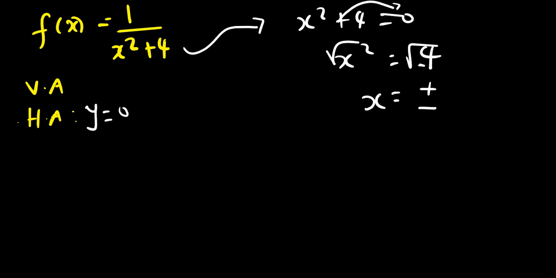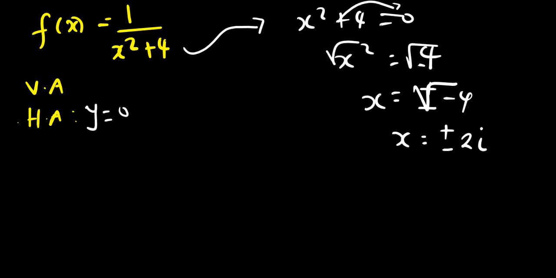Now the square root of a negative number, the square root of negative 4, gives x equals positive or minus 2i. This is not a real number, therefore we don't have any vertical asymptote for this function.